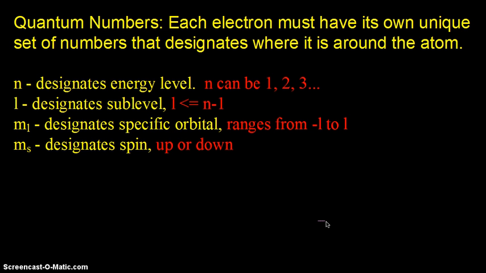The 4 different quantum numbers are n, l, m sub l, and m sub s. n is the principal energy level, and it can be 1, 2, 3, any integer up to infinity, although for real atoms they never get that high. l designates a sublevel, so within each level there are sublevels, and l can run from 0 up to one less than the principal level, so they can be 0, 1, 2, and so on. m sub l designates a specific orbital, and m sub s designates an electron spin, which is either up or down.